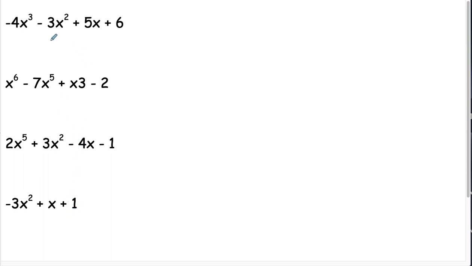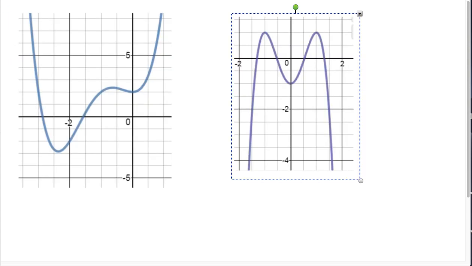The leading coefficient is the coefficient of the term that has the highest exponent. In this equation, the leading coefficient is -4 because x to the third power is the highest exponent of this polynomial. They're going to start talking about the leading coefficient being positive and the leading coefficient being negative.